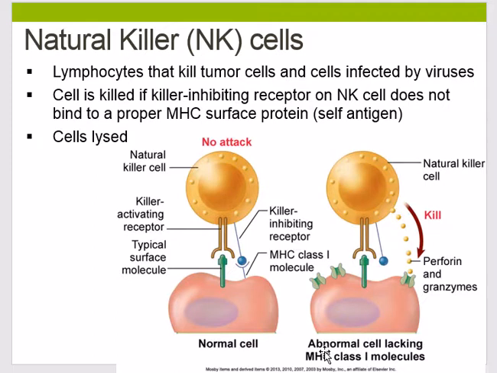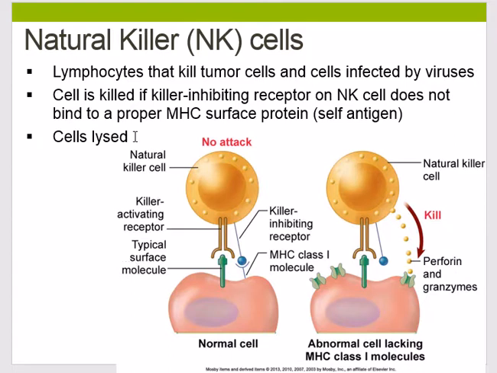But what's key is that if the killer-inhibiting receptor happens to bind to an MHC class 1 molecule, which stands for major histocompatibility complex, which is a protein, I should have said, then the killing action is stopped. So we might have this binding occur here, but as long as we have binding here, then the body recognizes that this is normal.